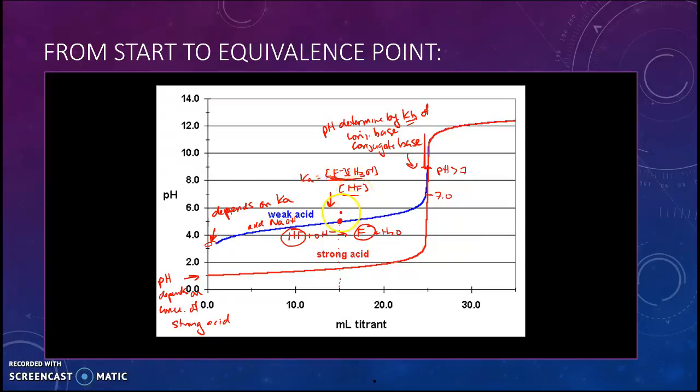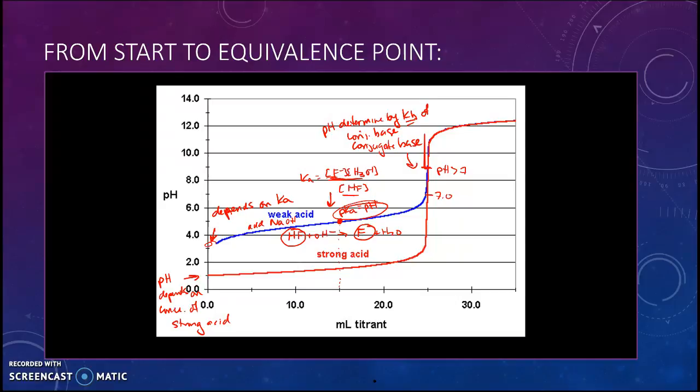At this point we have the pKa equal to pH, just like we had in that lab where we figured out what the Ka of a weak acid is. When these two concentrations are equal, this H3O plus concentration will be equal to the Ka. So this occurs at half equivalence point. So that's another important point too.